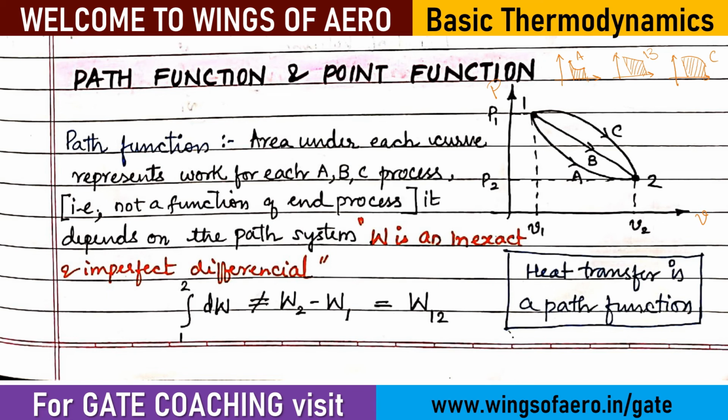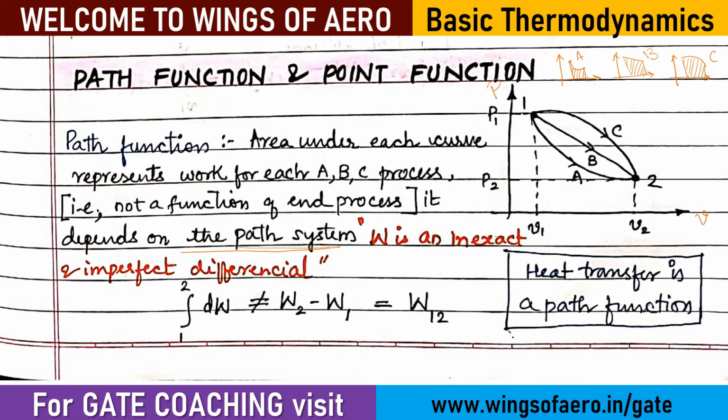Could you get my point? So a path function means it depends on the path. Whether you are following the A path, the B path, or the C path. So heat transfer is the same, it depends on which process you are following.